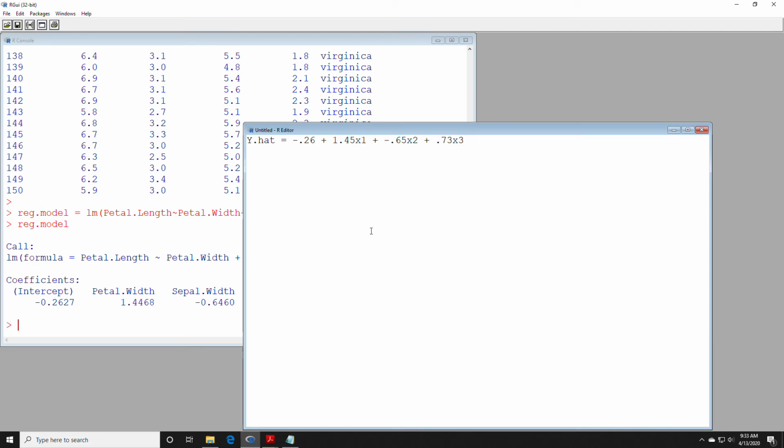And of course, just to reiterate, we've got petal length is equal to negative 0.26 plus 1.45 times petal width minus 0.65 times sepal width plus 0.73 times sepal length. Okay, so this is our regression equation, right?